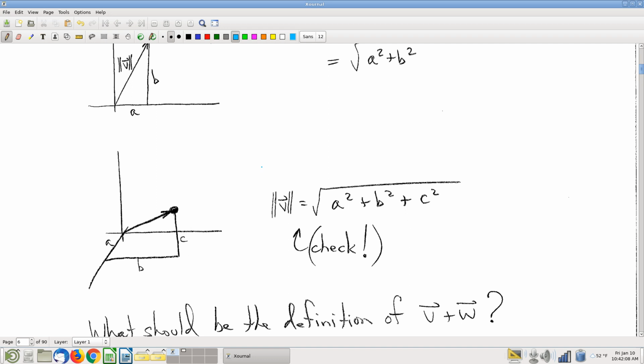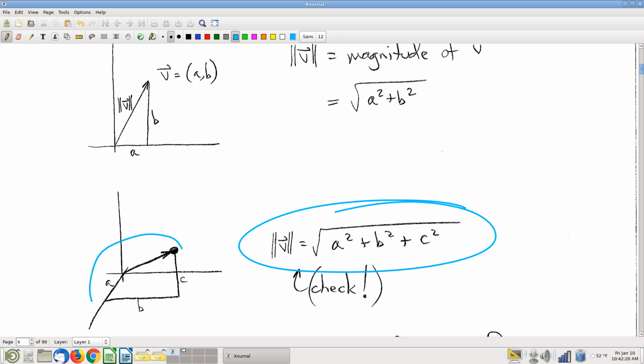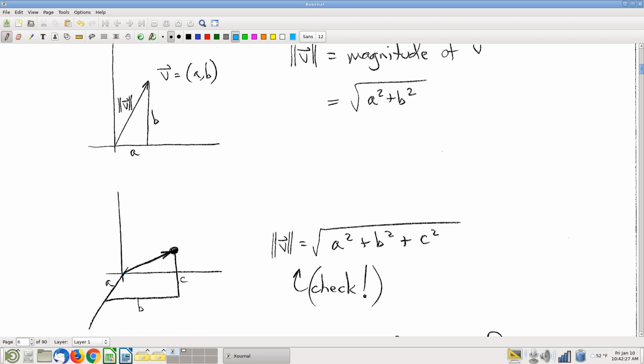Okay. Here's an exercise. I'm going to leave this for y'all to work out on your own, but if you have a vector with 3 coordinates, then it's still the square root of the sum of the squares of the coordinates to compute the magnitude. This becomes a geometry problem. This is no longer a triangle, so you can't just say Pythagorean theorem, done. However, even though it's not a triangle, it can be sort of modeled by 2 triangles, both of which are right triangles.